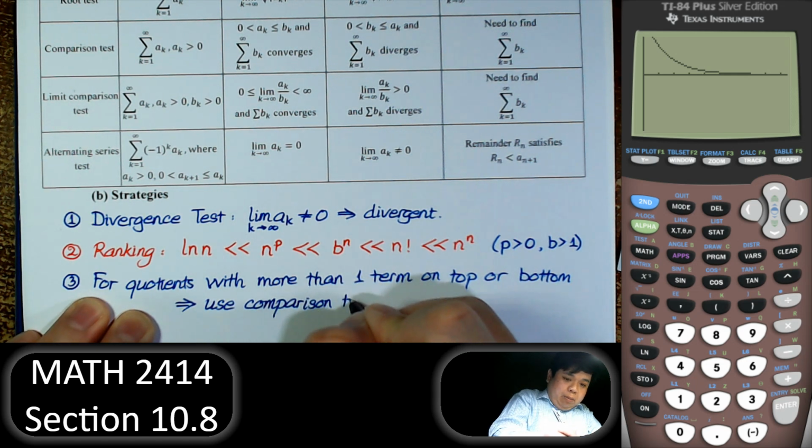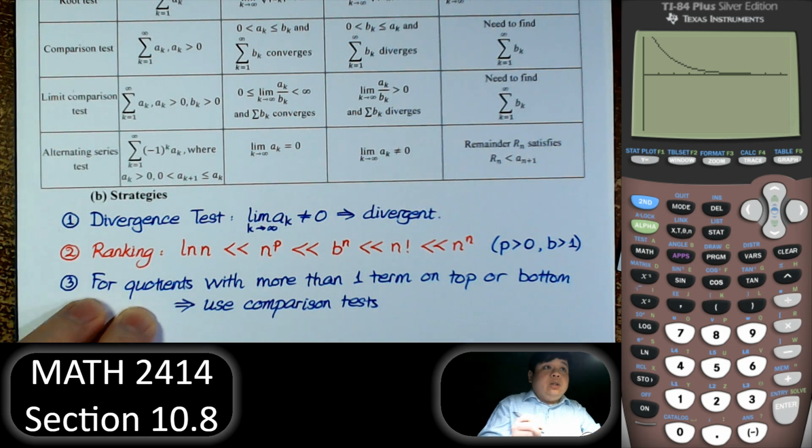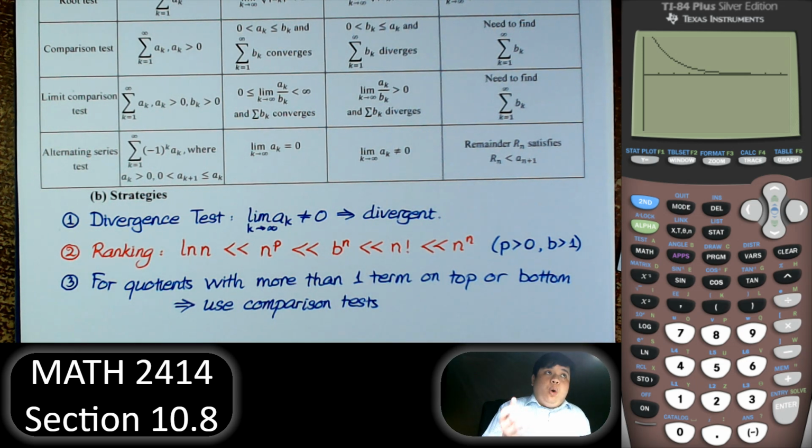Either the direct comparison test or the limit comparison test. And what do we compare to? We usually compare to a p-series or a geometric series.